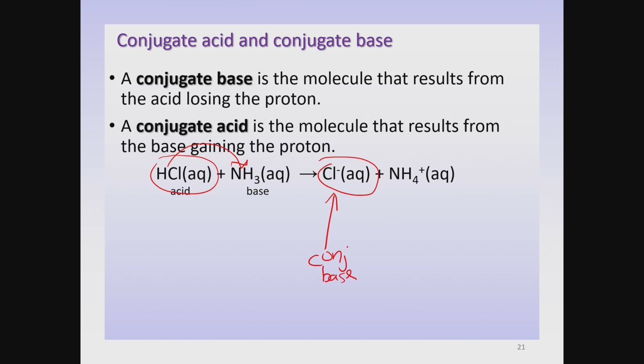A conjugate acid is the molecule that results from the base getting the proton. So here is the base, right? And again, it's going to get the proton from the acid. So what is the molecule that you get after this base gets the hydrogen ion, or the proton? You get this. So here, this must be the conjugate acid. And you will have to be able to identify those molecules on a homework assignment or a test.